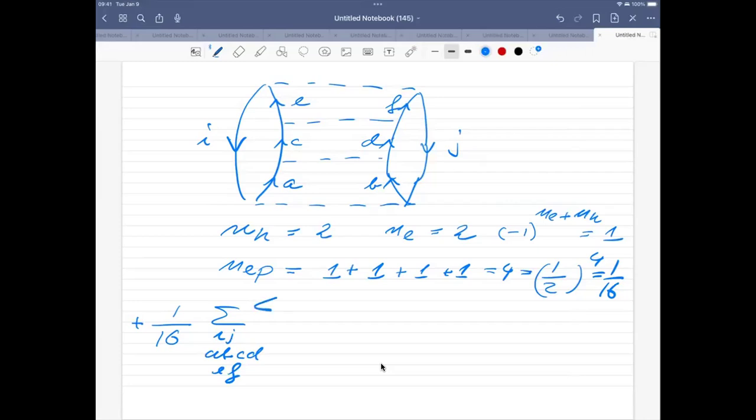So that is the final interaction. Then we see that we have two outgoing hole states, I and J, and then we have two incoming particle states, E and F. If we go to the next interaction vertex, which is this one, we have two incoming particle states and two outgoing particle states. So this is an E and F.